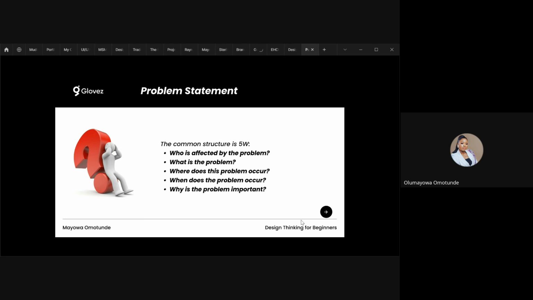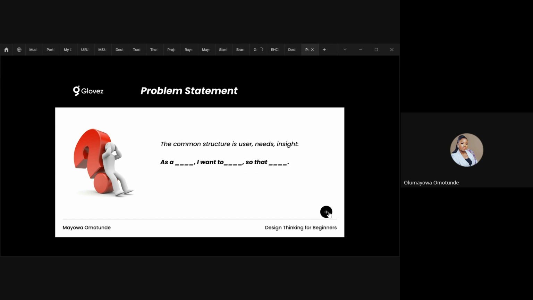So that's where this structure comes in. You've defined which problem is important to you, to the users rather, and what will make you achieve market fit, right? So you come up with a problem statement in this format. It's usually structured to combine the users, the needs, and the problem, or the solution that you are trying to solve rather.